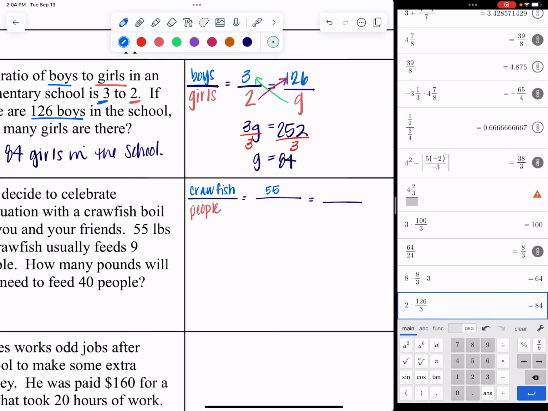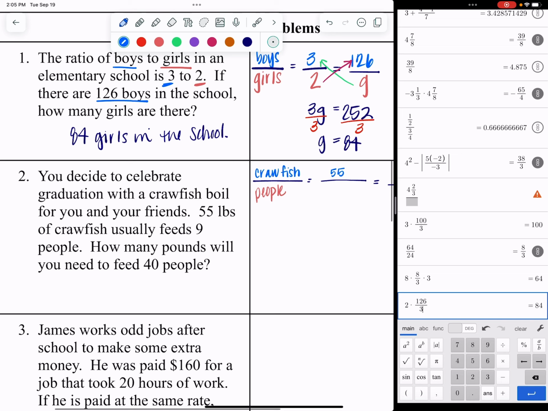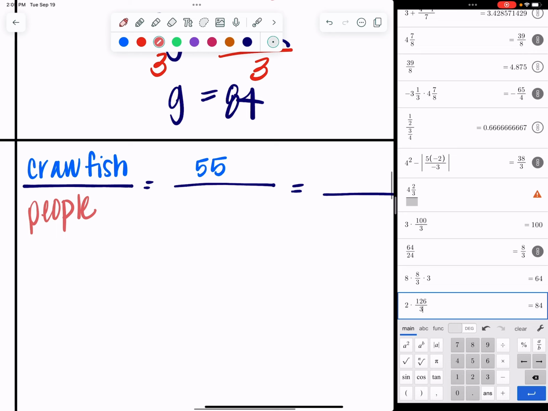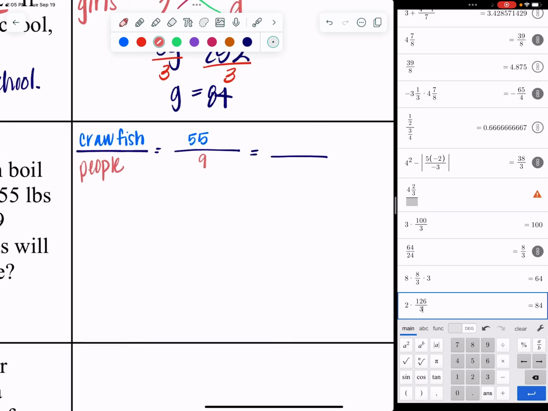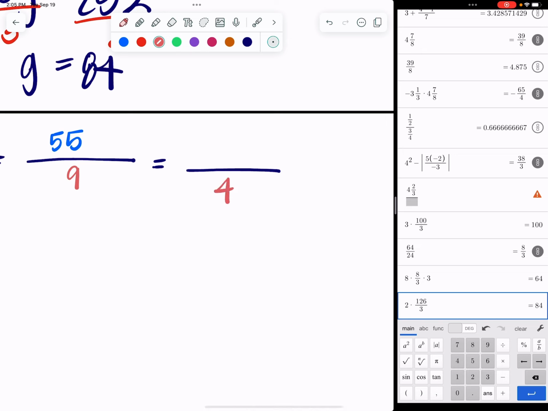So 55 pounds usually feeds 9 people. I already decided that my people were going to be in the denominator. So my 9 people go in the denominator. How many pounds will you need to feed 40 people? Well, 40 is people, so it goes in the denominator. And the question was, how many pounds of crawfish? So we need X pounds of crawfish.